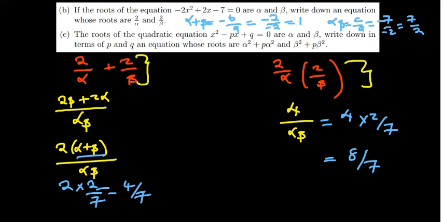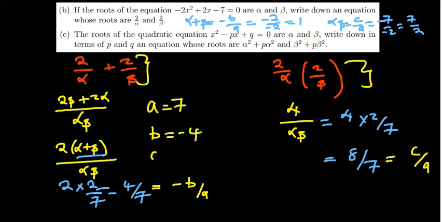So we said the addition is equal to negative b over a, and then their product is equal to c over a. So our a is already matching up. So our a is equal to 7, our b is negative 4, and our c is 8. So we have 7x squared minus 4x plus 8. So that's our equation for having those roots.